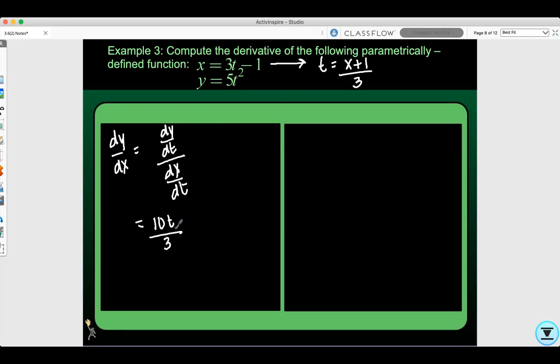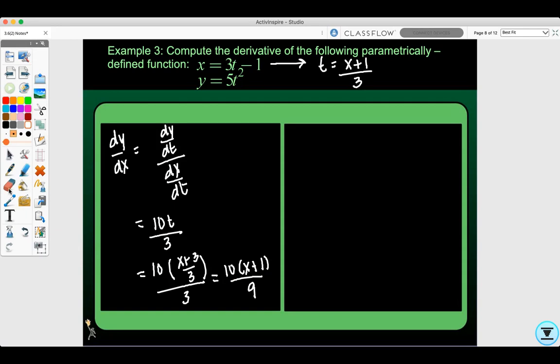So we would need to plug back in what t equals, and t equals x plus 1 over 3. So this would be 10 times x plus 1 over 3, all divided by 3, which would then simplify to 10 times x plus 1 all over 9.